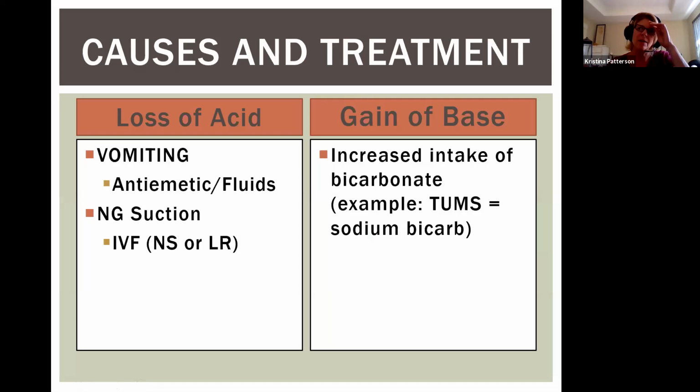And then the treatment: what do you do for a patient who's vomiting? We give them an antiemetic to stop the vomiting and give them fluids, and that will help resolve. For a patient with NG tube suction, we give them IV fluids, either normal saline or lactated ringers.